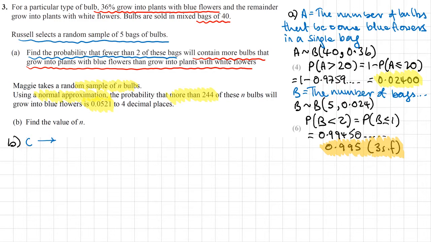So first of all, if it was a binomial question, I'd have N. The probability it becomes a blue flower is the 36%, 0.36. I'm using a normal approximation.